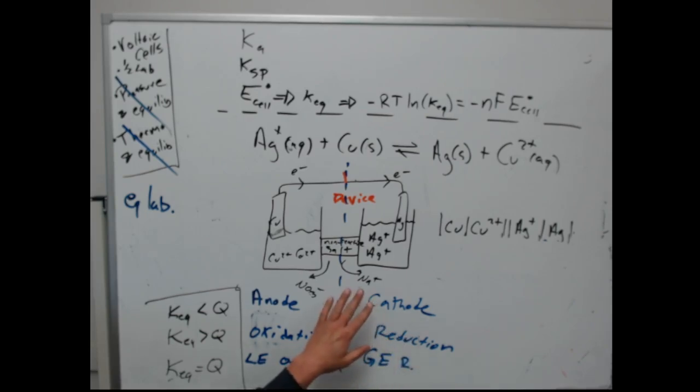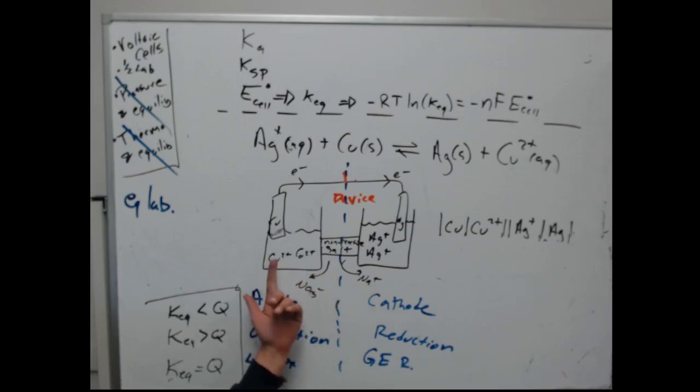If I set this up backwards, with silver as my anode and copper as my cathode, all I'm going to do is flip the voltage. It's going to run backwards. I'm going to end up with a negative voltage, which tells me it's spontaneous towards reactants instead of towards products. We're just flipping things. But if they do that, they might actually want you to calculate that negative voltage, that non-spontaneous cell potential, to show your understanding there.